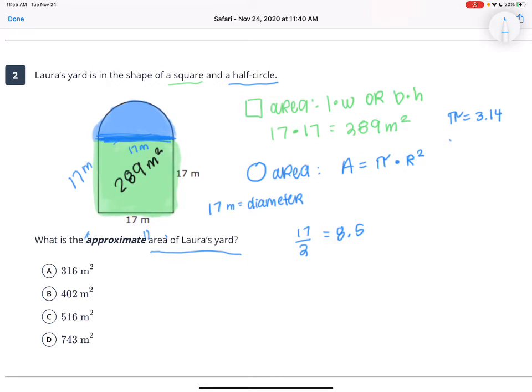So when I plug my values into the formula, I have area equals 3.14 times 8.5 squared. And remember, r squared we could write as r times r. When I input that into a calculator, and guys, at home feel free to use a calculator for this test, I get this number for the area of a circle.